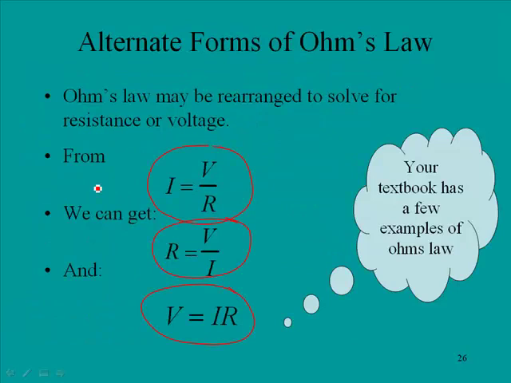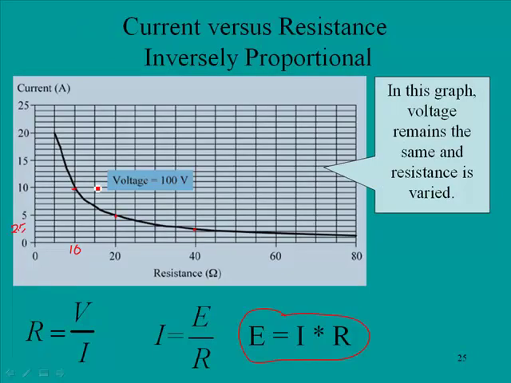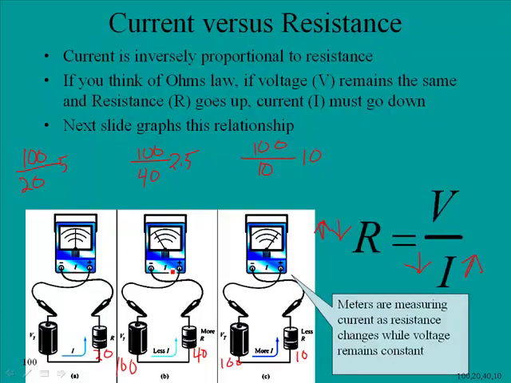We also looked at the forms of Ohm's law, and you will need to commit these to memory. We looked at the part of Ohm's law that says that current is inversely proportional to resistance, and we graphed that, in a situation where we had a voltage that remained the same with a changing resistance, and we saw as the resistance went down, current responded in an inverse manner.